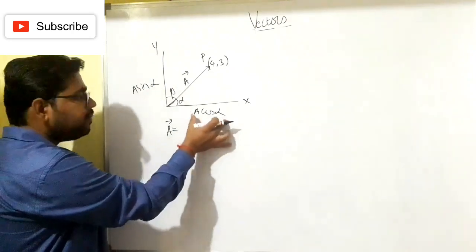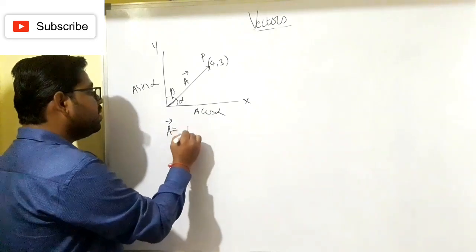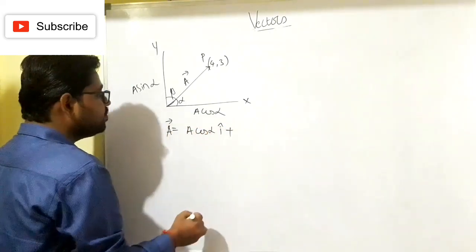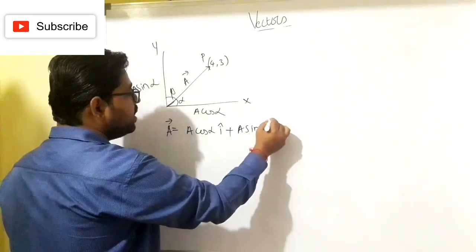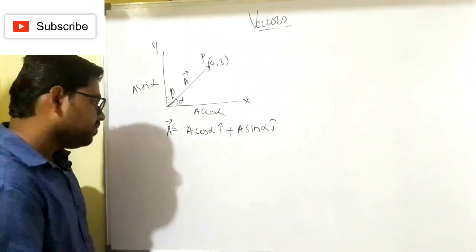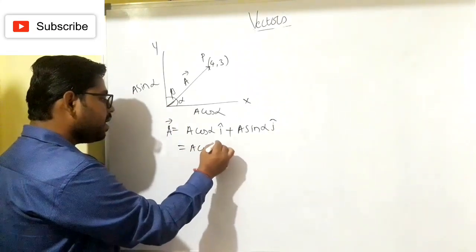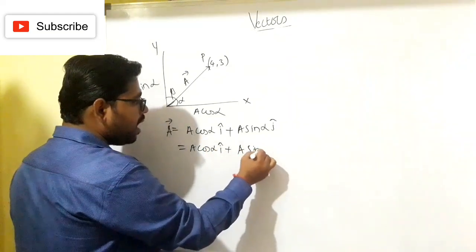So A vector is equal to A cos alpha i cap plus A sin alpha j cap.